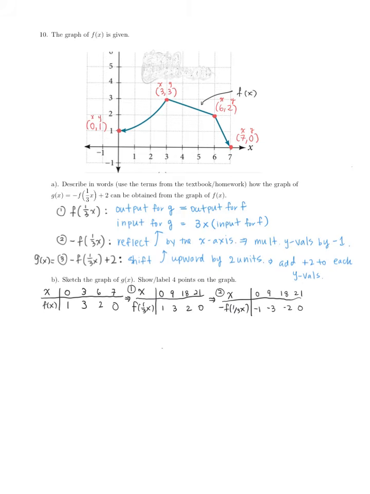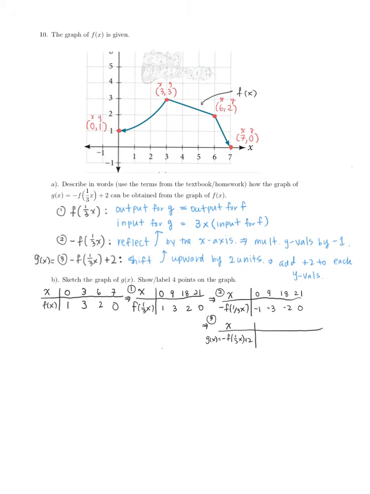All right. Almost done. Now step 3 would be, so let me just go like this. Step 3 is our g of x. So let me just write it as x, and then g of x, negative f of 1/3 x, and then plus 2. So what you need to do is shift the graph obtained in step 2 by 2 units upward.